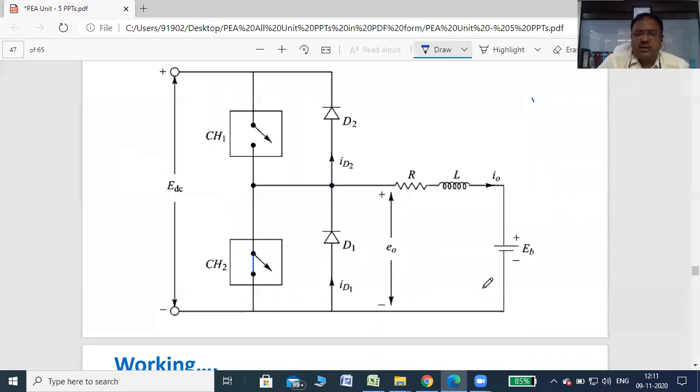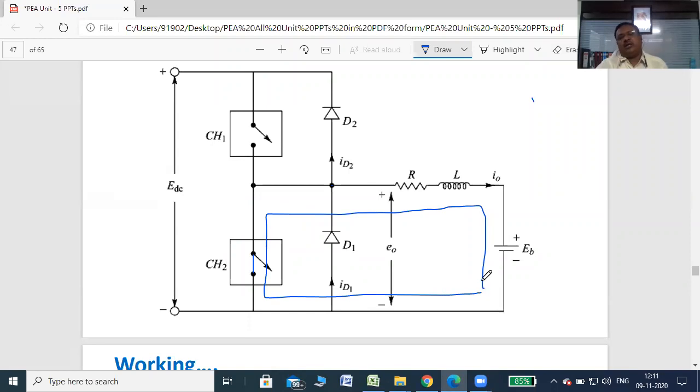So this current flows through IL, then to the chopper and back to the back EMF, right? So this time your current is negative. Still output voltage is equal to 0. Output is still 0, but the current is reversible. This is actually called a forward braking, right?